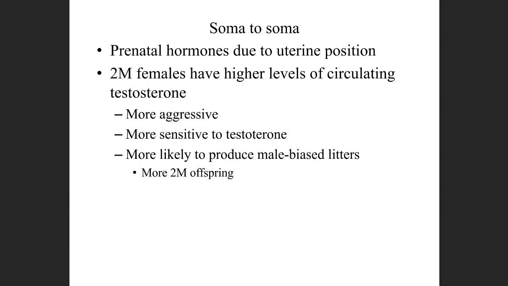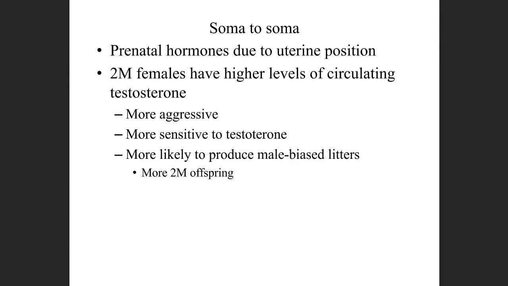So, prenatal hormone exposure varies with uterine position and the sex of the pups developing, because each pup, as it's developing, produces sex hormones that diffuse out into the uterine environment and will also impact surrounding siblings. So 2M females, females that have males adjacent to them on both sides, have higher levels of circulating testosterone.